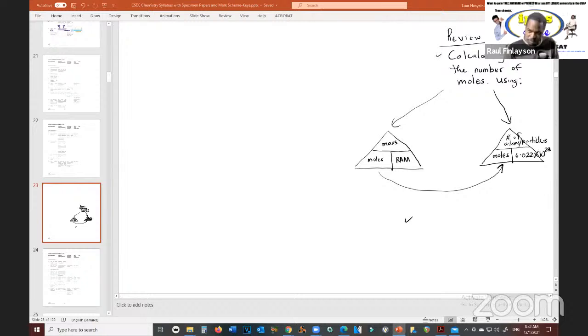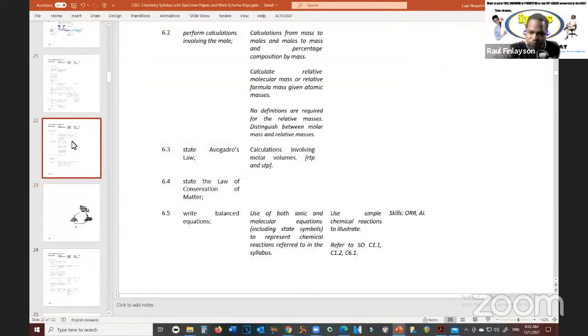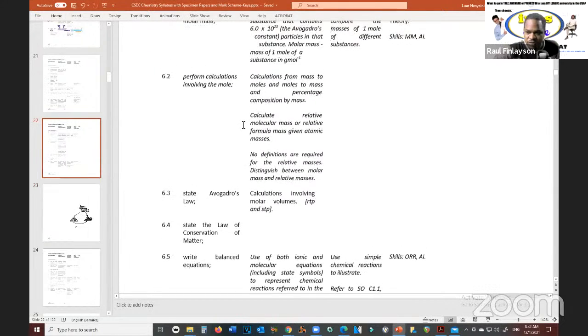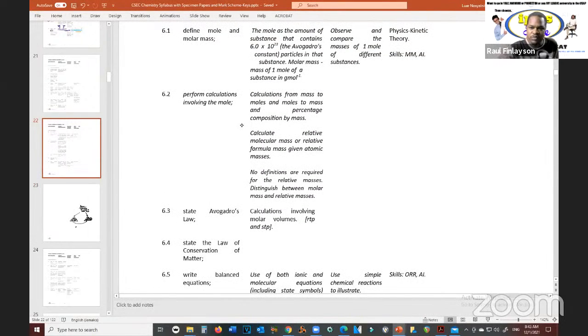All right, guys. So let's look at the syllabus and see where we are then in that case, because with the moles, it's important to know what the syllabus requires of us. So we got the definitions, as you said: define mole and molar mass.